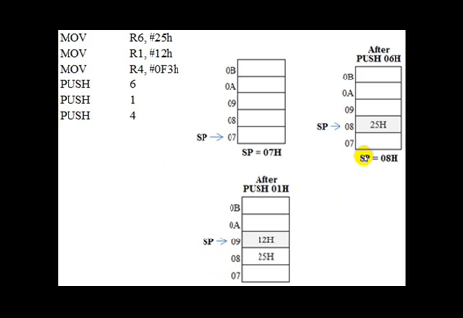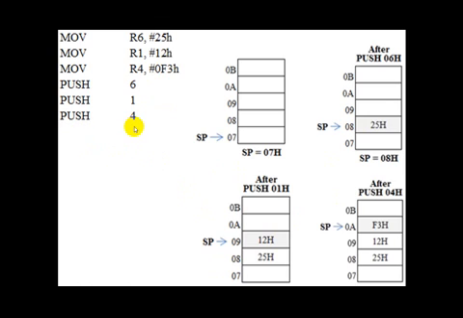Okay, and in that location the content of register R1, that is 12H, is stored. When you perform PUSH 04H, then the stack pointer is incremented by 1. So the stack pointer will be pointing to 0AH and the contents of register R4 will be stored in the location pointed by SP.